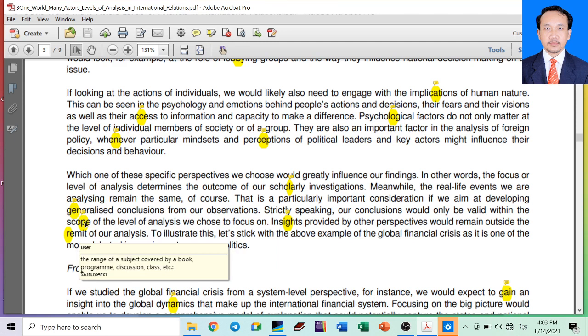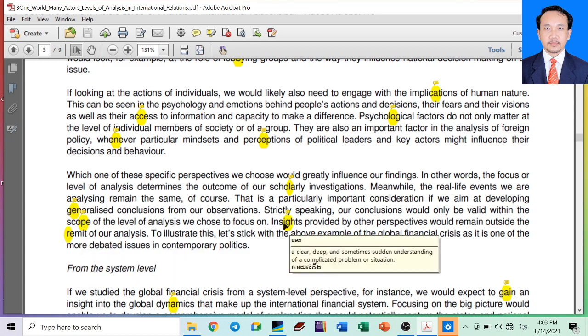Scope: the range of a subject covered by a book, program, discussion, class, etc. Insight: a clear, deep understanding of a complicated problem or situation.